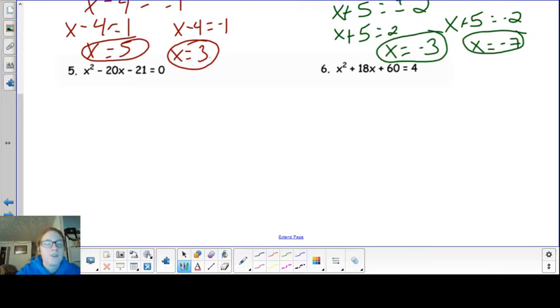First steps first. Get rid of that constant. So we're going to add the 21 over. So I have x squared minus 20x plus blank equals 21 plus blank. What do I do now?